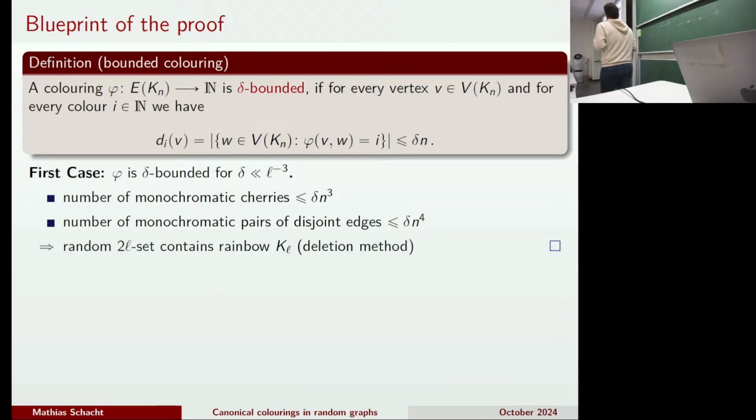So basically what you do is you pick a random subset of size 2L, and then you will have fewer than L copies of those together, and for each of these copies you remove one vertex, and then you have a rainbow K_L. Okay? And in order to do this calculation, that's where you get this restriction, delta has to be smaller than 1 over L cubed. This is kind of a straightforward calculation, but you need what sometimes is called the deletion method.